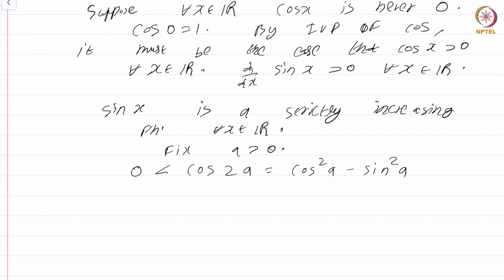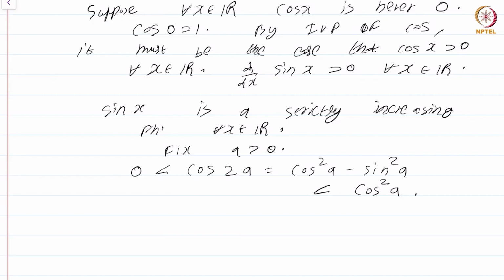And because sine squared a is positive, this will be strictly greater than cos squared a. Note, I am using the fact that sine a will never be 0 when a is greater than 0, because sine is a strictly increasing function and sine of 0 equal to 0. Okay, sorry, this will be less than cos squared a. Sorry, I completely reversed the inequality that I need.